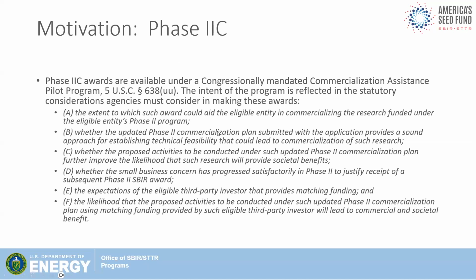Their motivation is primarily related to increasing the commercialization outcomes associated with these awards. Many of those details are listed below. I won't go into all of them, but this is taken right from statute as to why Congress is requesting agencies to implement this program.